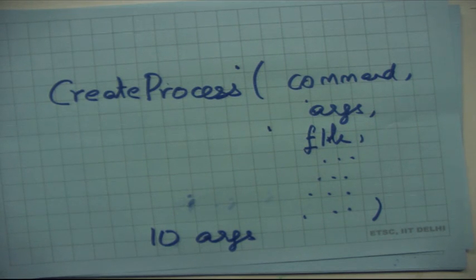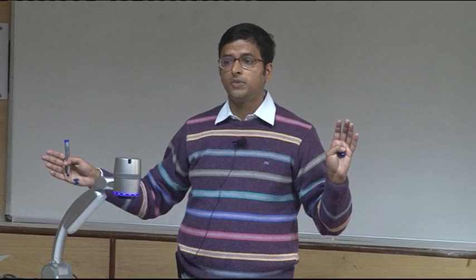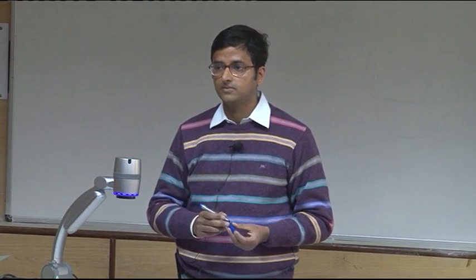So that makes your system call rather bulky, but arguably it's perhaps more efficient than Unix. Okay. So there's an interesting trade-off. Here's an example of a trade-off between clean interfaces, small interfaces, and performant interfaces.